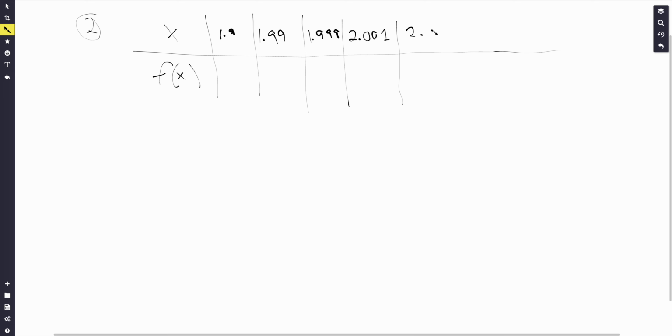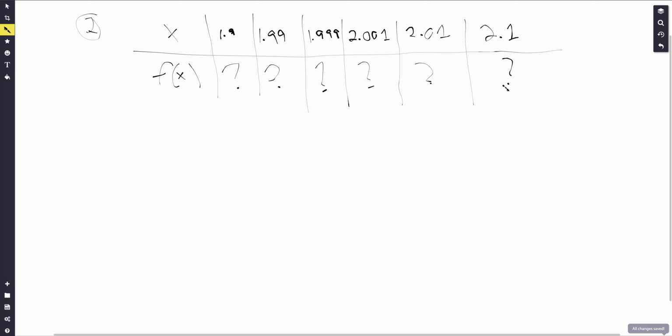We have x and then f of x, and then we have values of 1.9, 1.99, 1.999, 2.001, 2.01, and then 2.1. And we want to find these f of x values. I'll just label them as question marks for now.